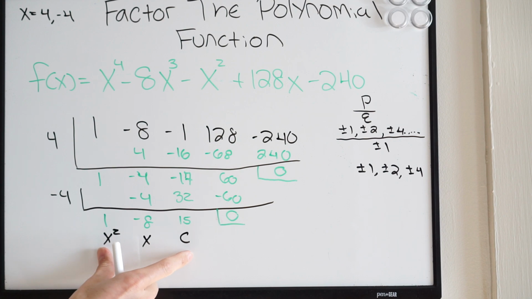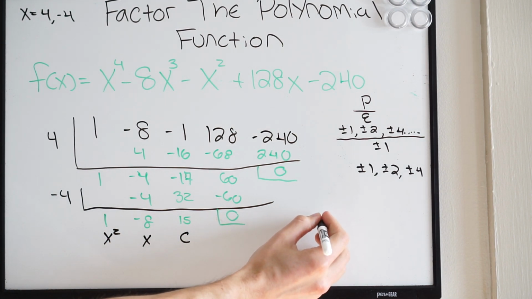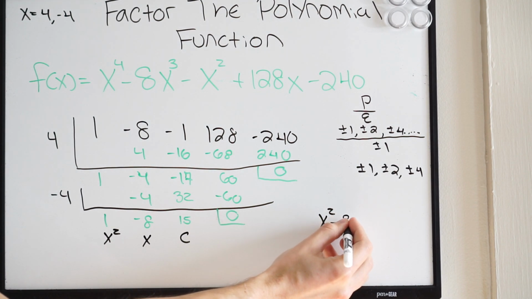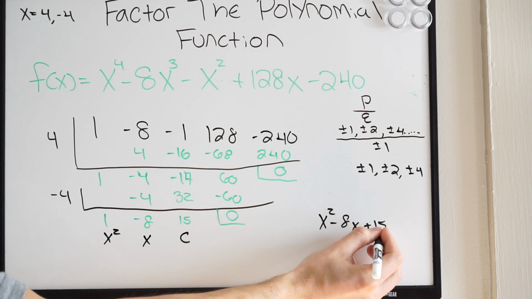So right here, I'm going to go ahead and rewrite this. We have it down to x squared minus 8x plus 15. And we're going to try to factor that to get the remaining roots. So I'm going to write this off to the side. So we have x squared minus 8x plus 15.